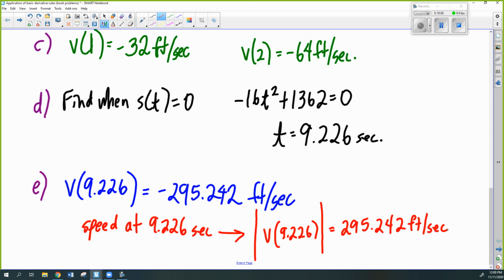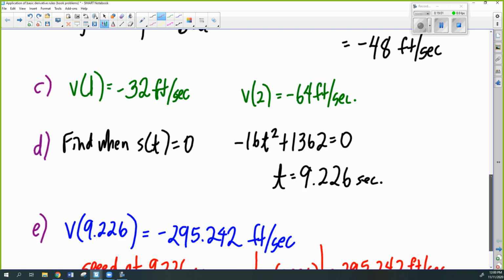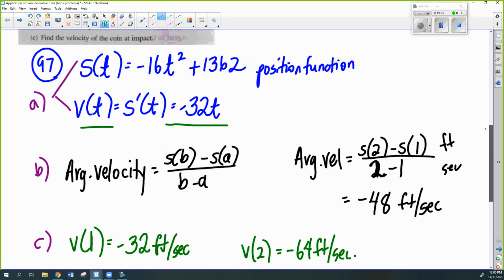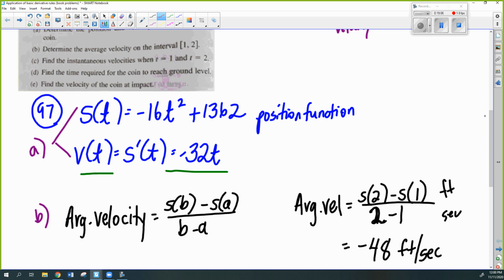All right, now, let me go back up. One question I didn't ask you in the beginning was: find a function for acceleration. Let me label this one real quick. What if I asked you to find a function for acceleration? Why is it negative 32?